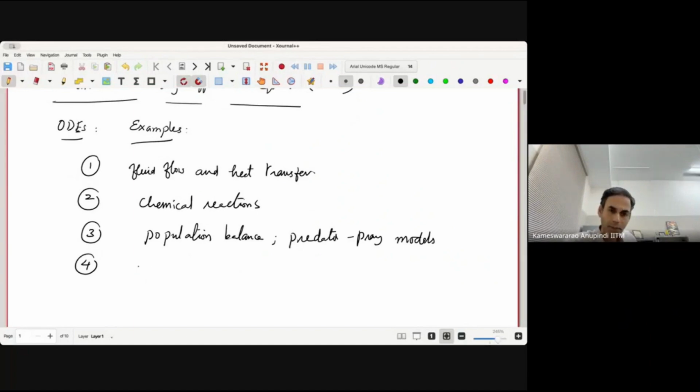For example, in the vibration of a string, or loading of a beam, or elastic deformation of a beam under a load.